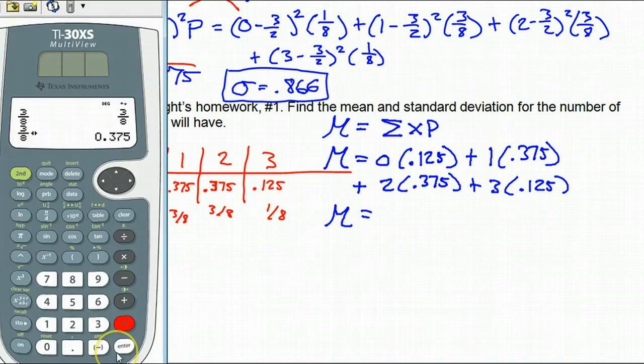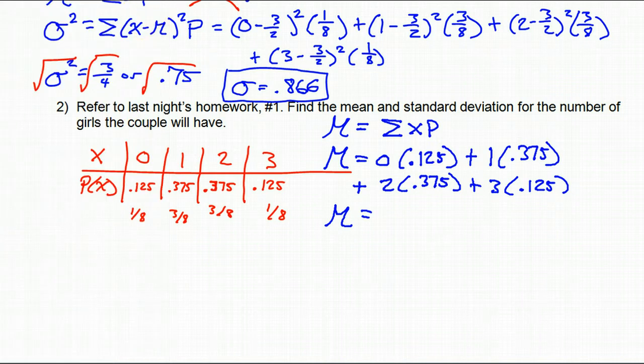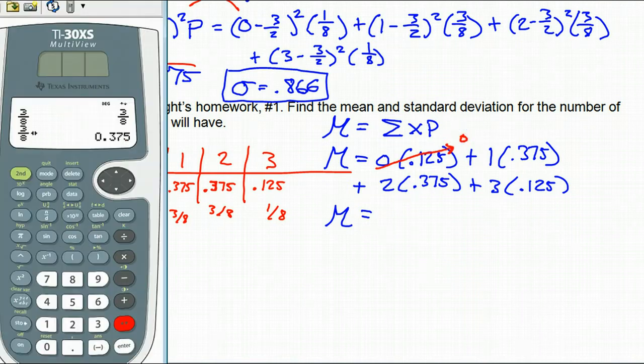Of course the one that has a fat 0 in it, I'm going to disregard it. 0 times anything is 0, so don't sweat that. So here I go, I'm just going to do the rest of it. Do I really need to put the 1 in front? No, I'm just going to do it so I don't lose anybody.